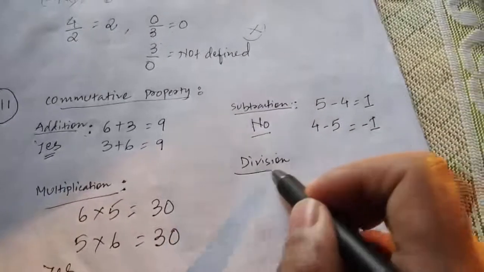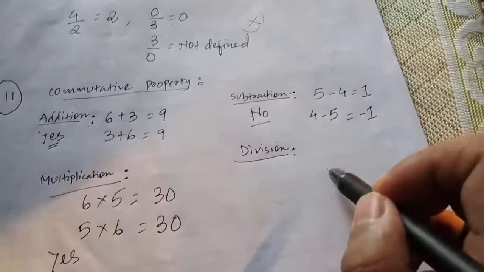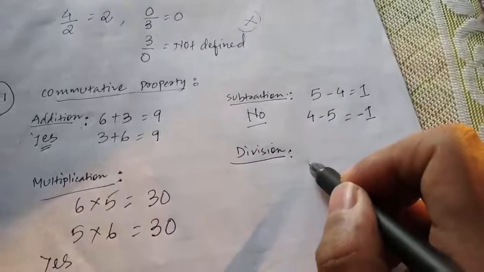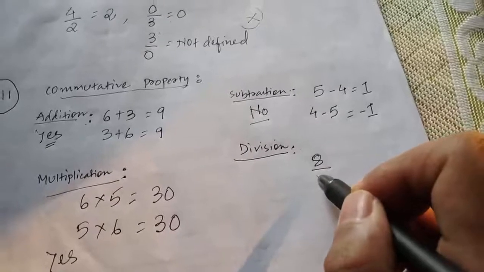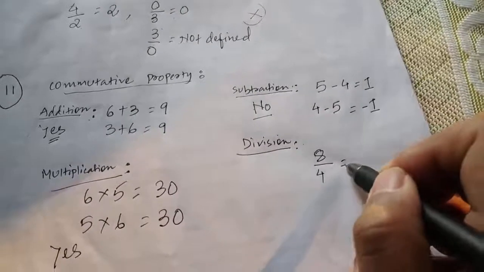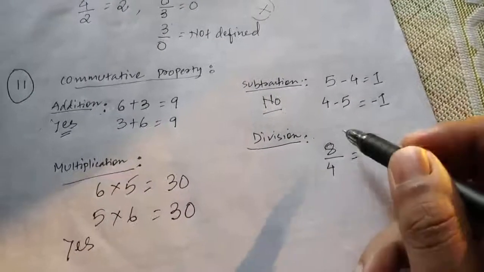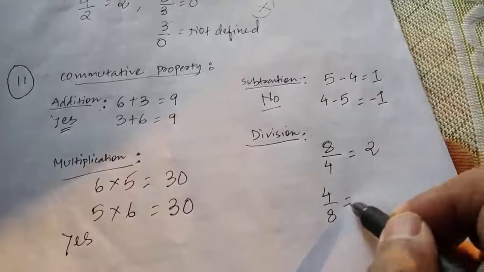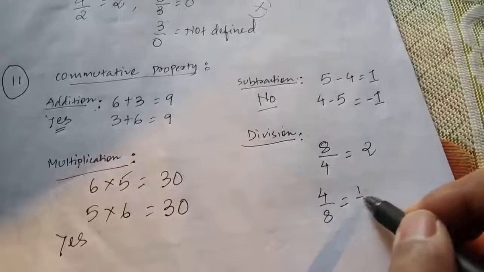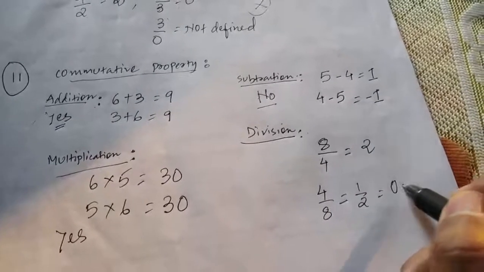Now lastly we will see for the division. 8 divided by 4, we got 2. Now when we change the order, that is 4 divided by 8, we will get 1 by 2, that is 0.5.